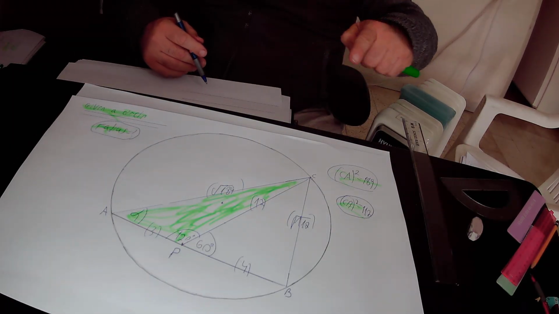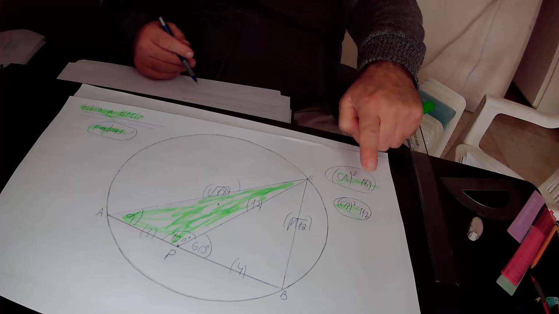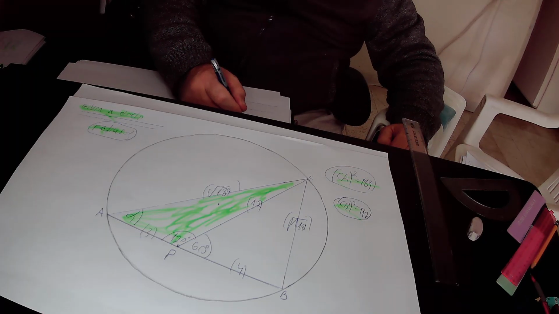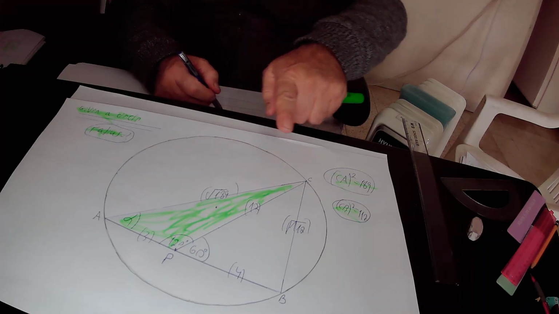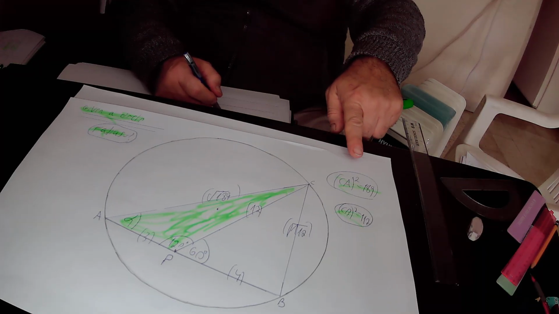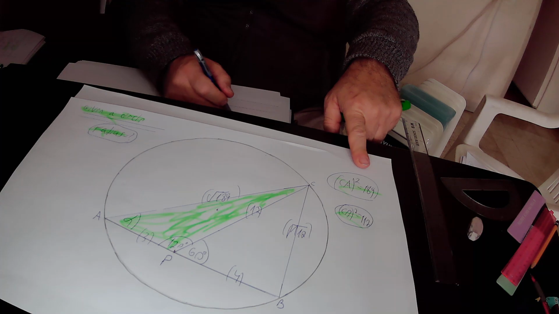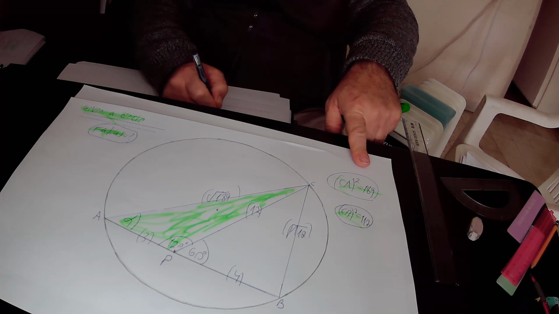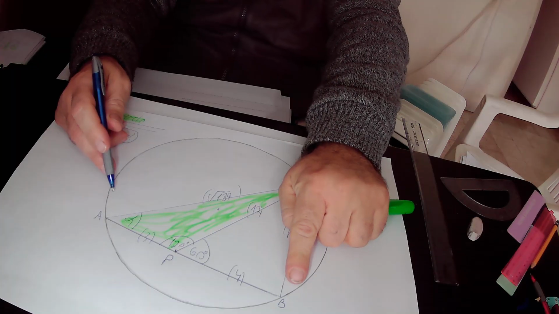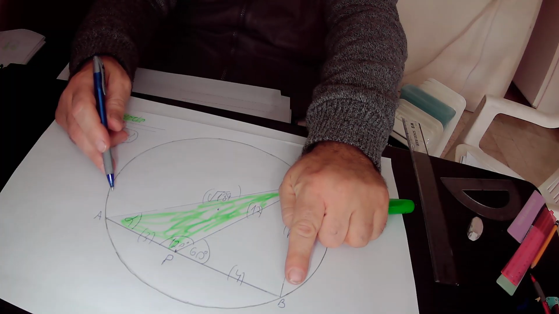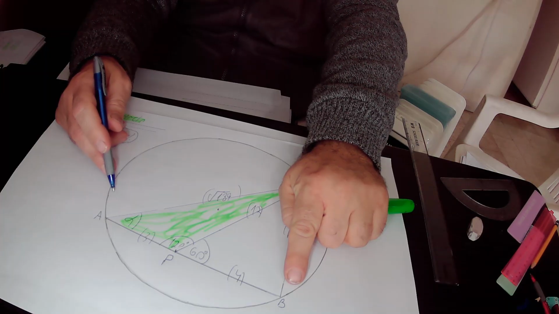We already found out that CB square equals 112, and it equals CA square, CA square equals 189, plus AB squared. AB in total equals AP, that is 3, plus PB, that is 4. So AB equals 3 plus 4, that is 7. Therefore AB squared equals 7 squared, that is 49.